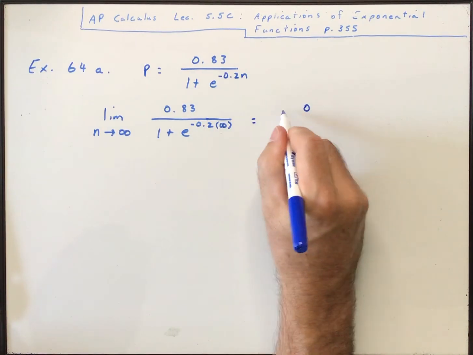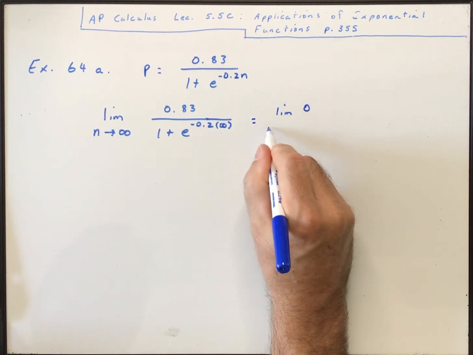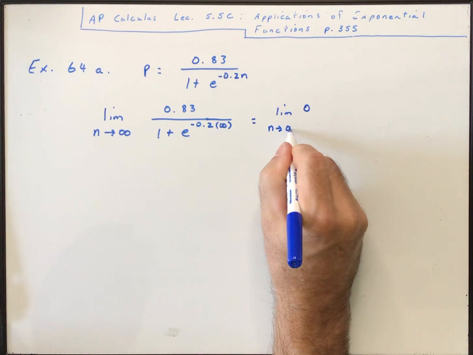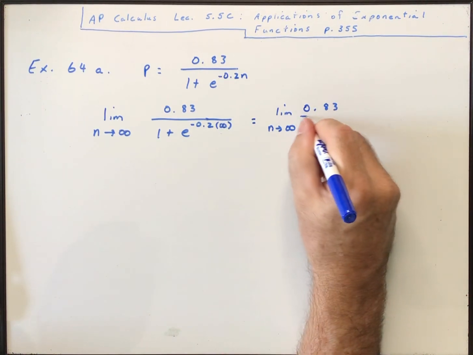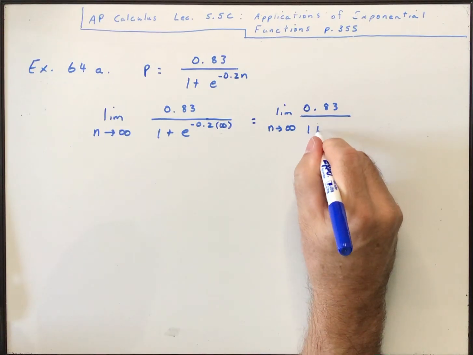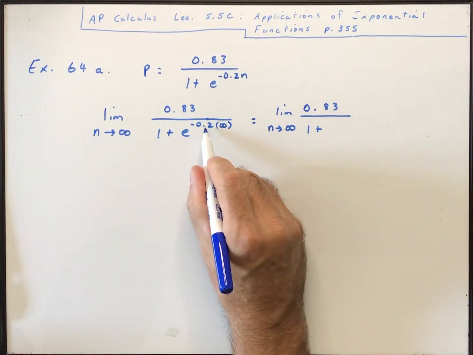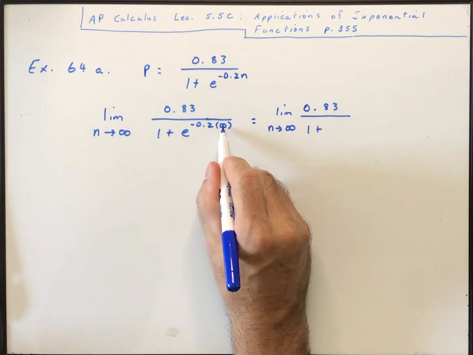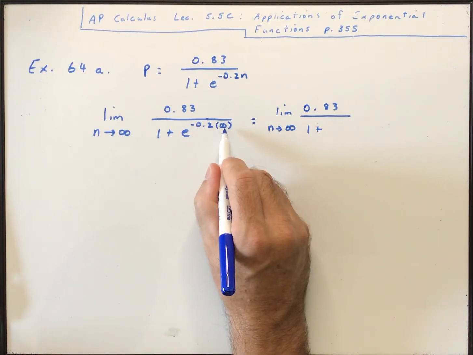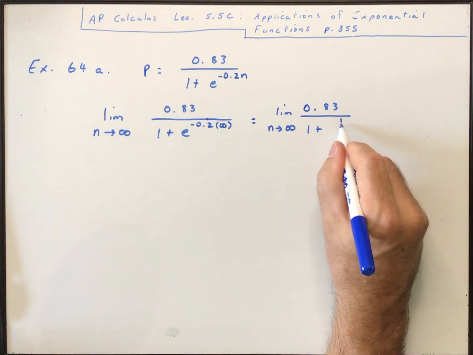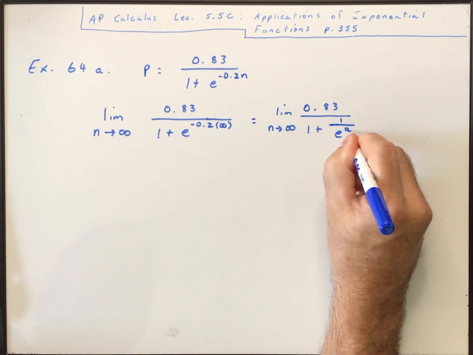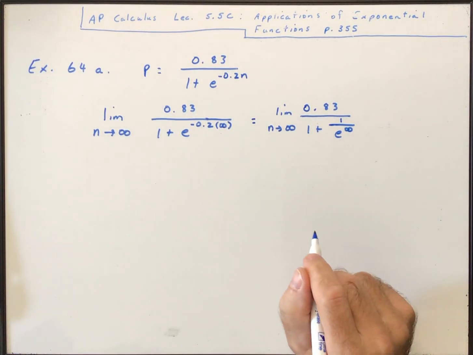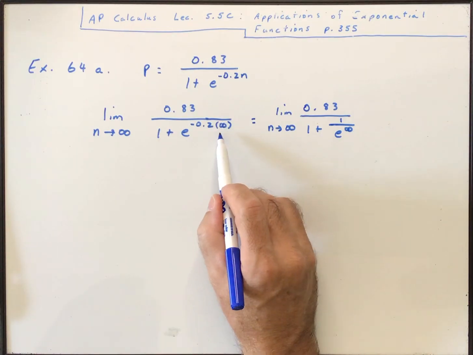It's going to be the limit as n approaches infinity of 0.83 over 1 plus, that's going to be 0.2 times infinity, which would be negative infinity, right? So that's the same as 1 over e to the infinity, right? 0.2 times infinity is just infinity.